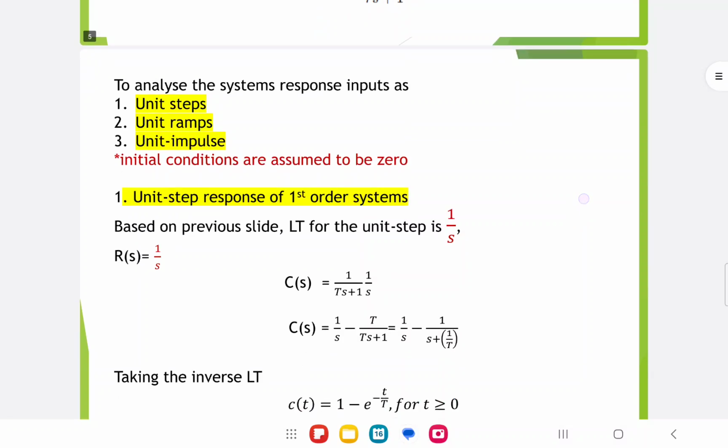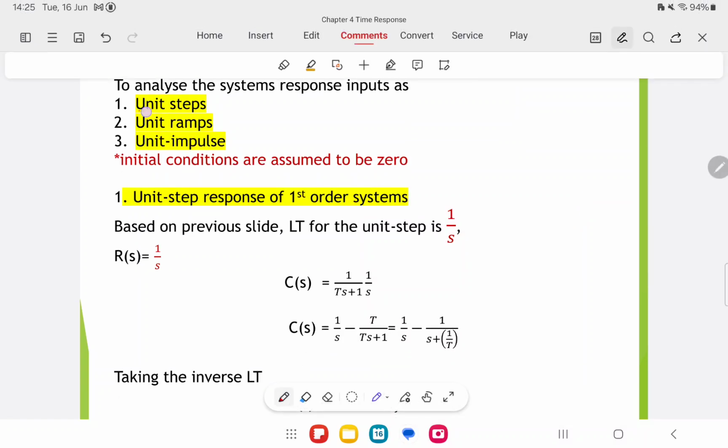Alright, for the system we also have 3 types of response: unit step, unit ramp and unit impulse. What is the difference between these 3? Unit step is like when you have digital discrete, like a staircase, 0 and 1.